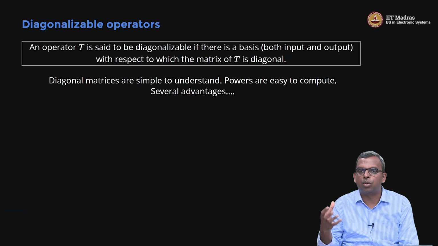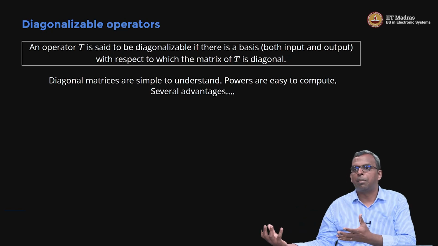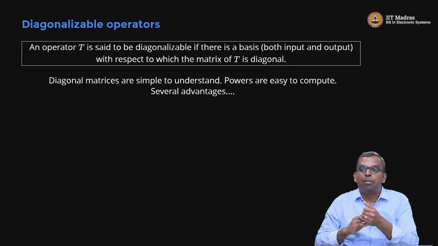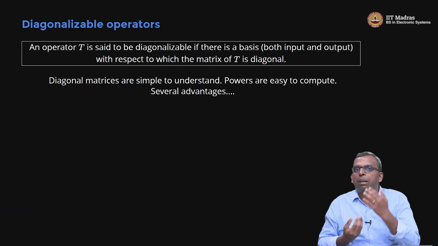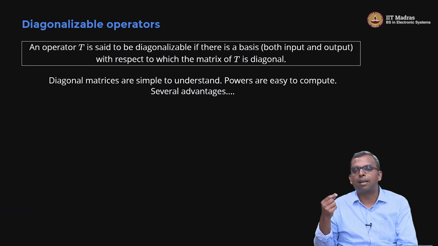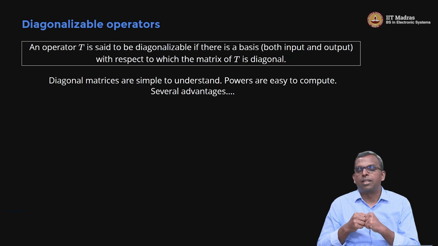So, in the canonical basis you have a matrix, maybe it's not diagonal, but there could be another basis, some other set of linearly independent vectors, under which the same operator may suddenly become diagonal. Okay, so that is called diagonalizable. If there is some basis for which the matrix of this operator will become diagonal, then that operator is said to be diagonalizable.